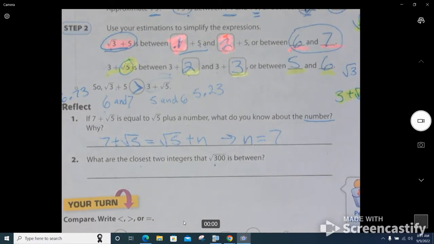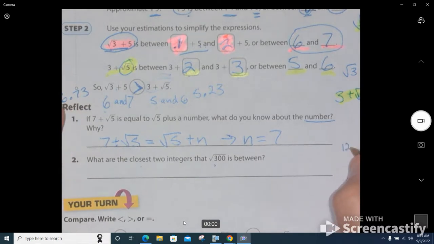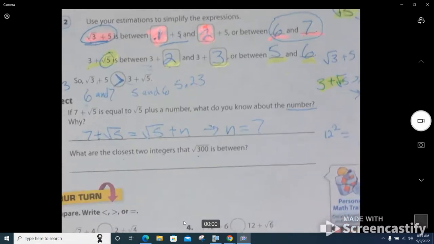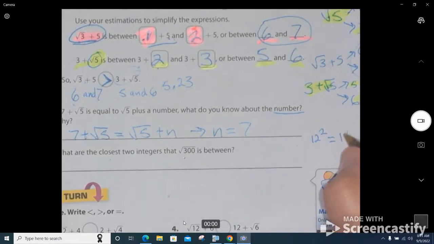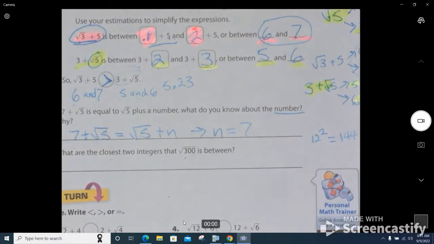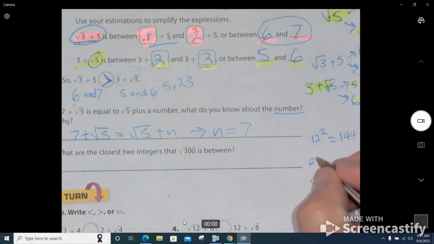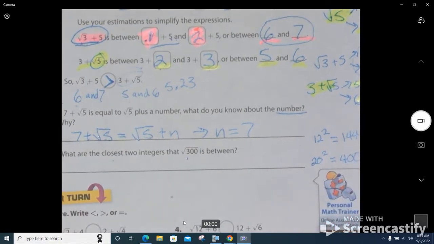So this is the top one, but do you know how we can figure it out? Calculator, but let's do this first. What is 12 squared? Does anybody know? It's 144. Do you know what 20 squared is? That's 400.